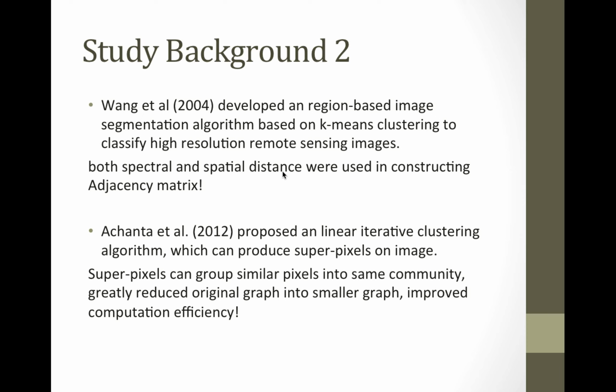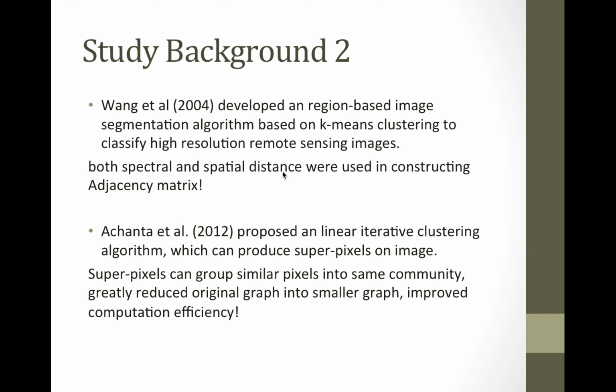So later on, I read another paper. Achanta in 2012 proposed a simple linear iterative clustering algorithm. In his algorithm, the image can be segmented into several large pixels.